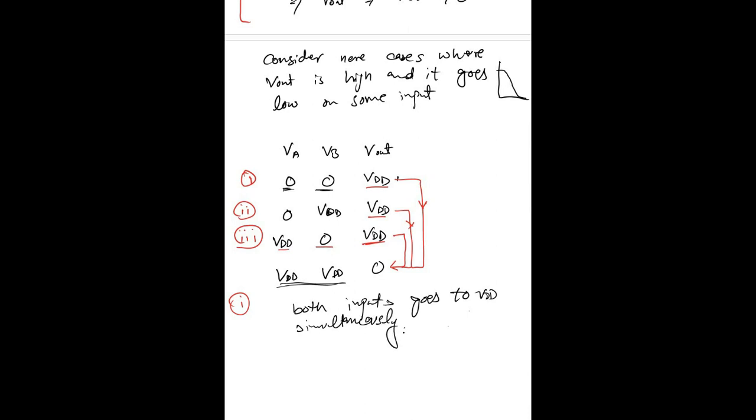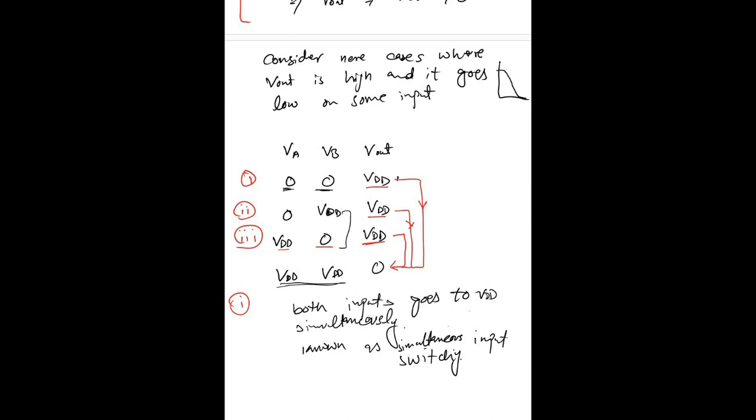This means we will have a curve that is different from conditions 2 and 3, because the switching will be different. This case is known as simultaneous input switching.